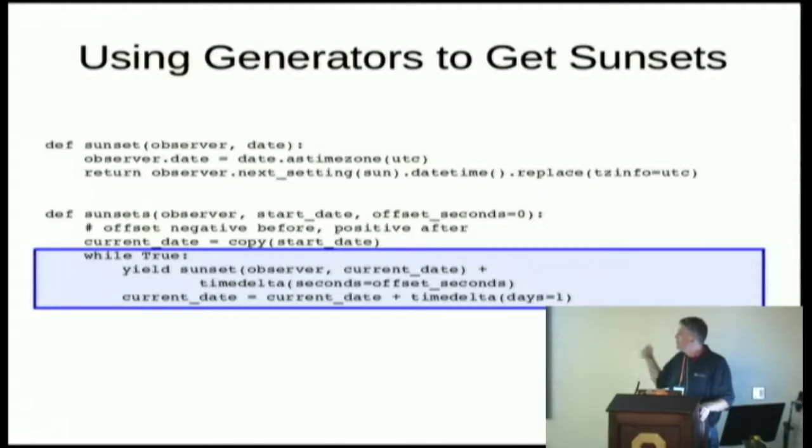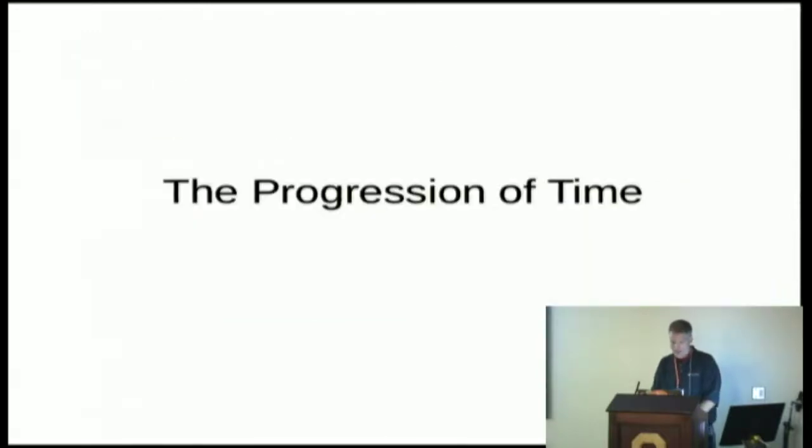Basically, every day, I increment a day, get the next sunset, and add the offset. Get the next day, get the next sunset with the offset. With that, I can say, give me 50 minutes before sunset, and I can do that for each day and see the progression of time.